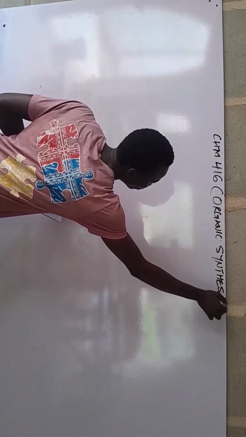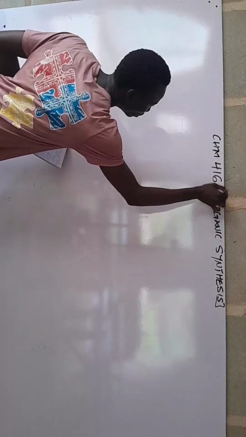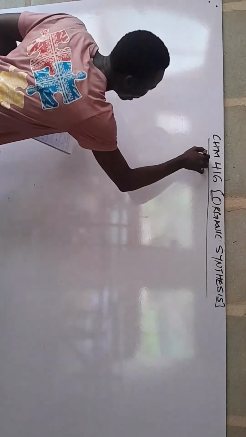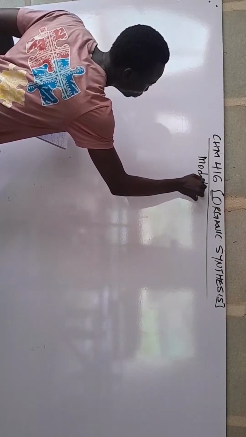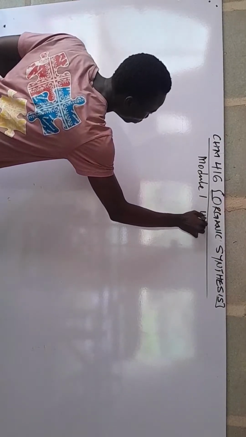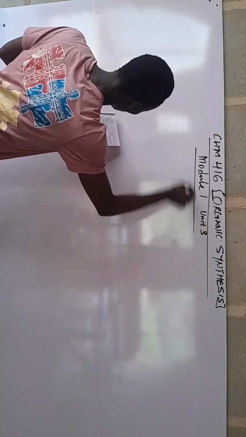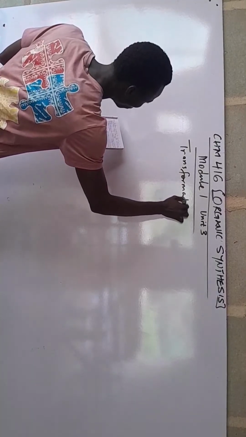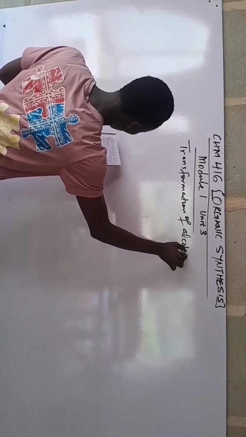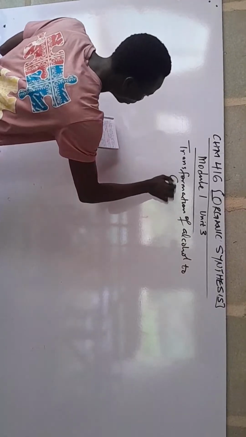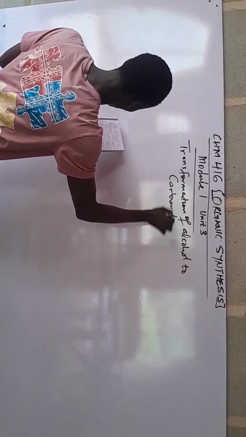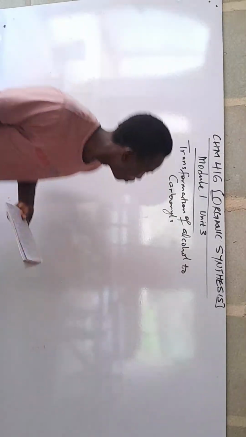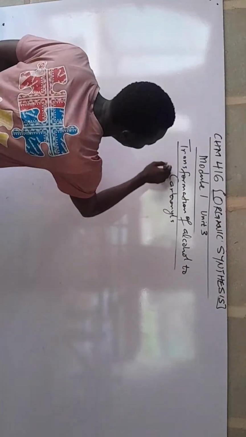We are still on the course, and we are going to be on module 1, unit 3, which has to do with the transformation of alcohol to carboxylic acid. That is the unit we are going to be discussing today.